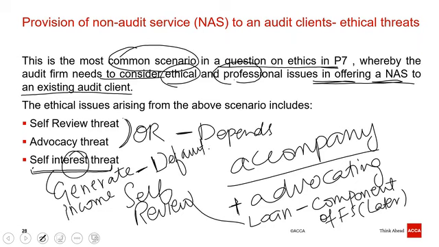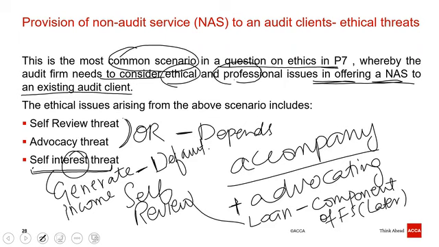So when you get a question in which your audit client is asking you for a service, then you have to be very particular about a self-review threat, an advocacy threat, and a self-interest threat. The examiner will not move out of this, and that's exactly true because that's been covered in the examiner article. So I hope you can tackle this question effectively, and I'll come to this once I start with the past papers.